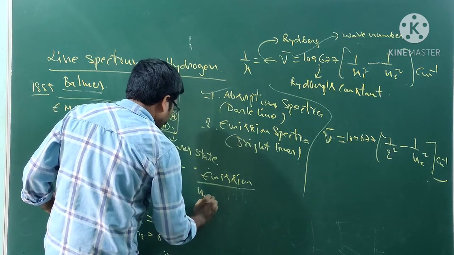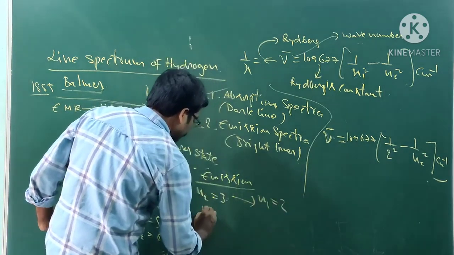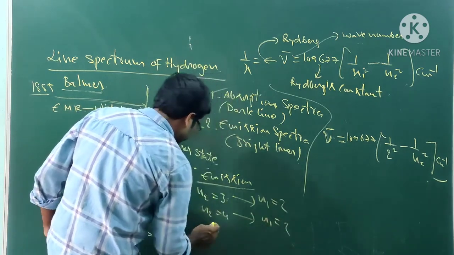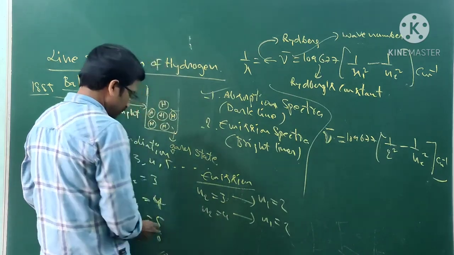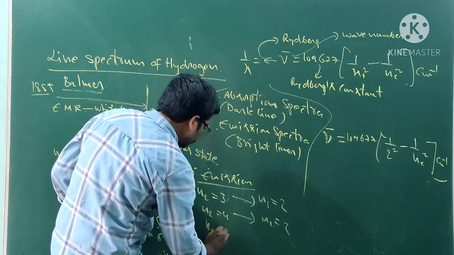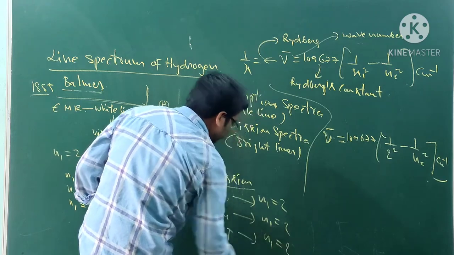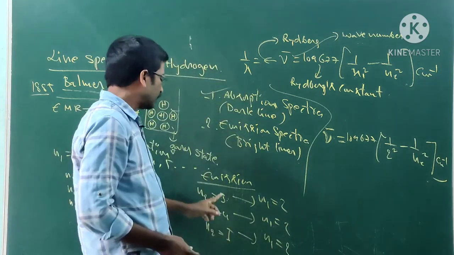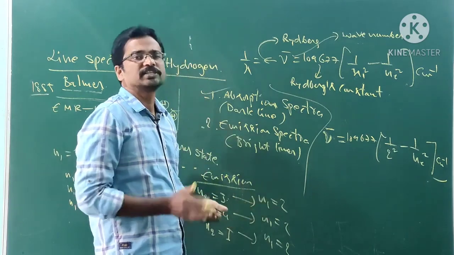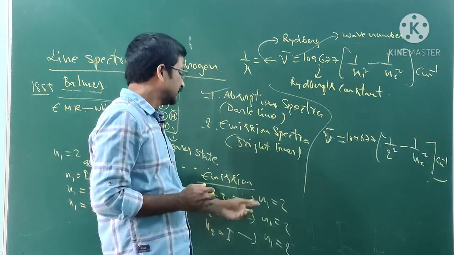If n2 is equal to 3, then n1 is equal to 2. n2 is equal to 4, then n1 is equal to 2. The reverse of that gives the emission spectra. n2 is equal to 5, n1 is equal to 2. So the electron comes from a higher energy level to a lower one. It is also Balmer series, but it is emission; radiation is emitted.